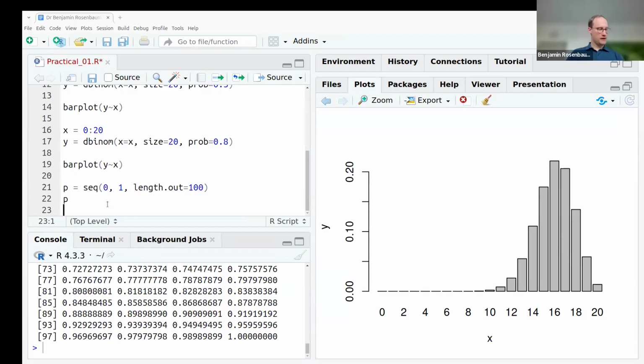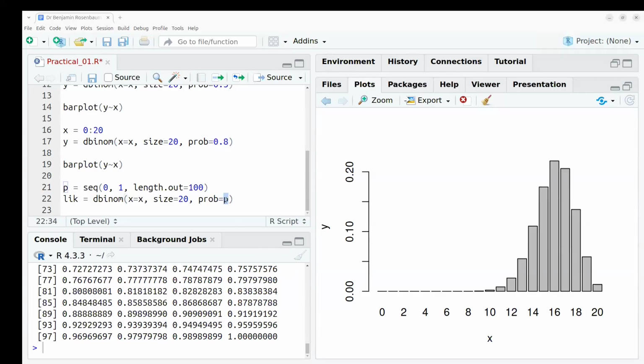And now we can calculate likelihood values. So the likelihood is defined again. I can just take the same function here. Now the probability here I exchange and put in p. For all of the values I want to calculate the likelihood.